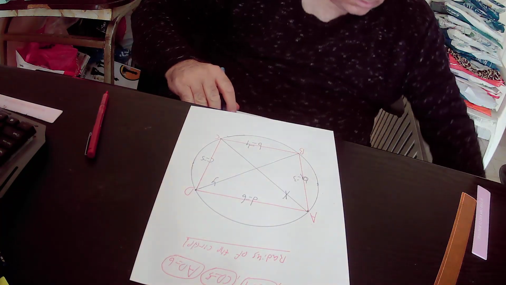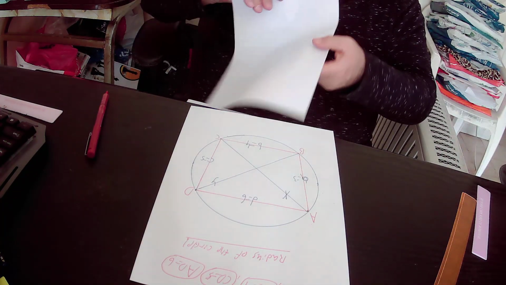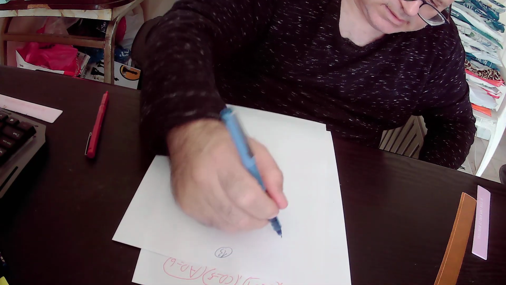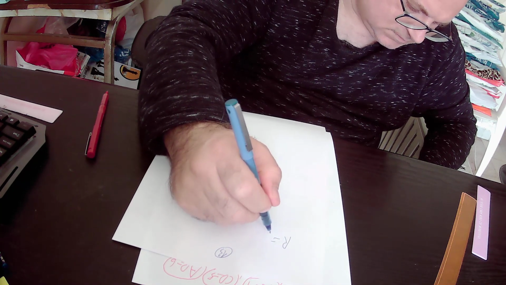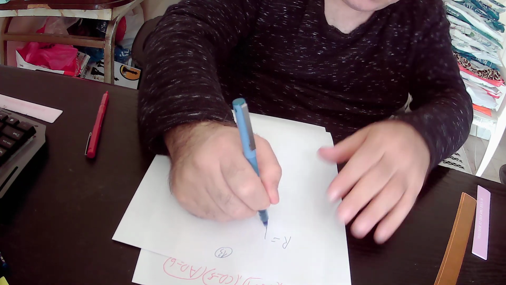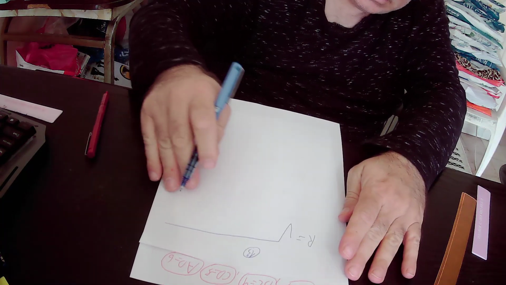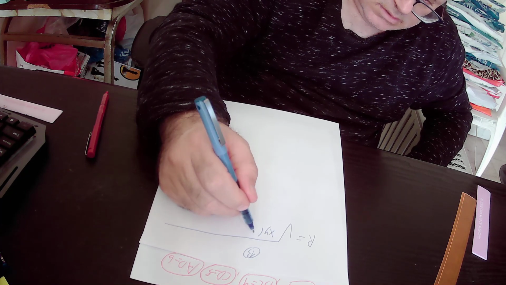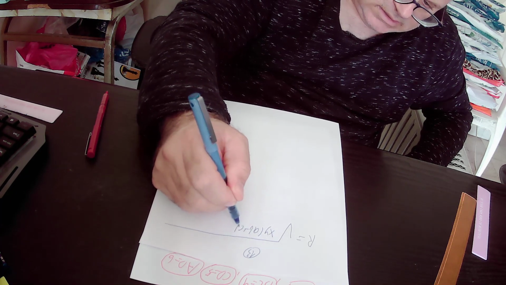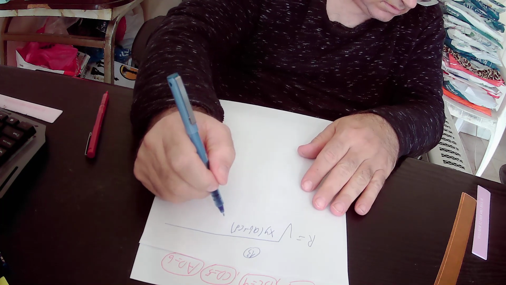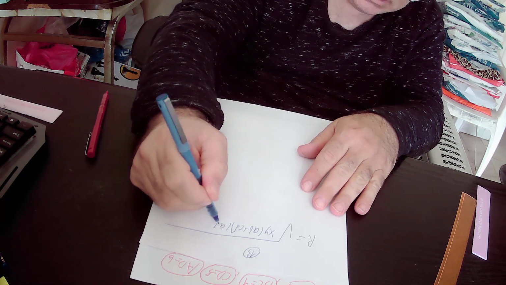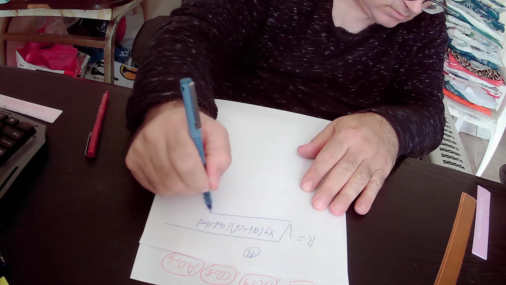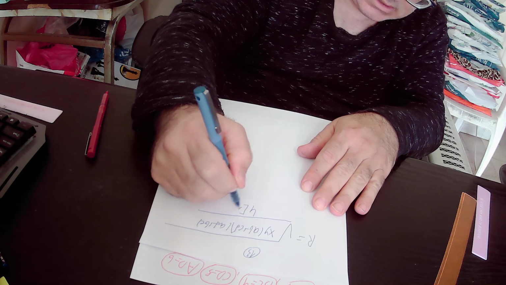Okay? We will get that the radius R that we are looking for equals the root of x times y times AB plus CD times AD plus BC, over 4 times the area of quadrilateral ABCD.